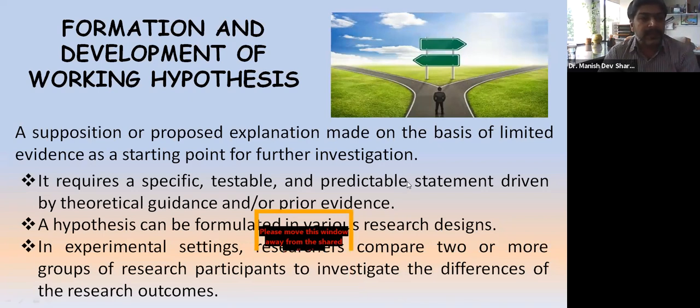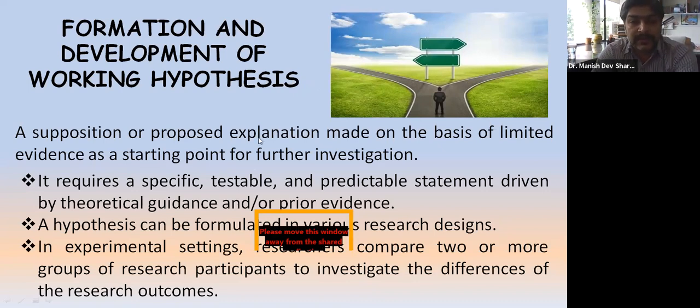It is basically a proposed explanation made on the basis of limited evidence. When you start with a research problem, of course, you can say that the researcher may have limited evidence, because the researcher is already finding the solution to a problem. So you can say that this is evidence as a starting point for further investigation.